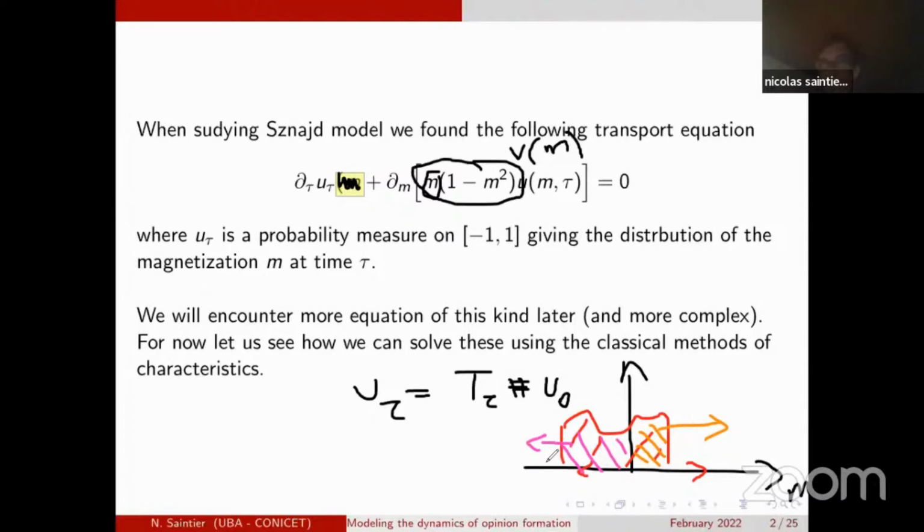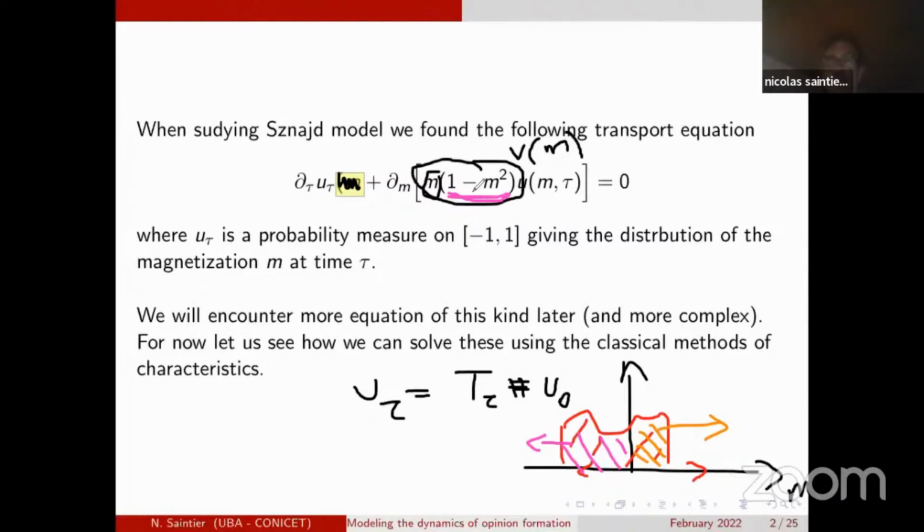And when does that stop? That stops when V is equal to 0, and V is equal to 0 when M is equal to 1 or minus 1, or when M is equal to 0, which means that if I have a Dirac mass at 0 within my initial distribution, then this Dirac mass stays quiet, doesn't move, right?